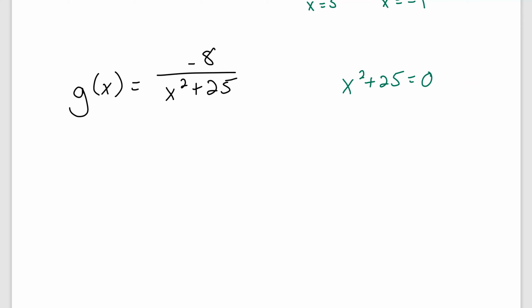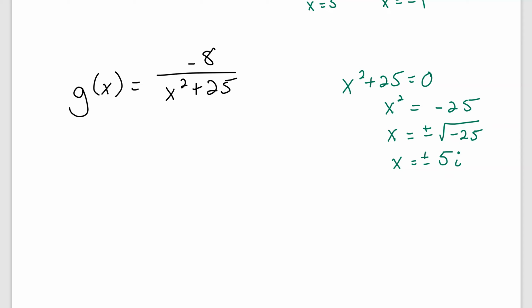And I can use the square root property. x squared is equal to negative 25. Take the square root of both sides. So x is equal to plus or minus the square root of negative 25. So x is equal to plus or minus 5i.